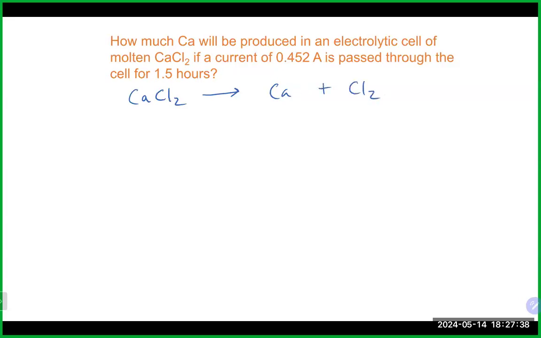We're going from +2, -1, to 0 and 0. It is our calcium going from +2 to 0 that is being reduced and would be our cathode.